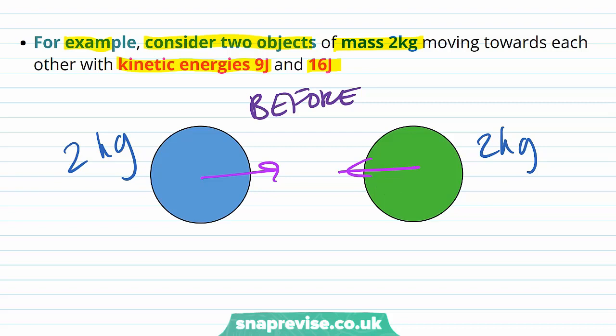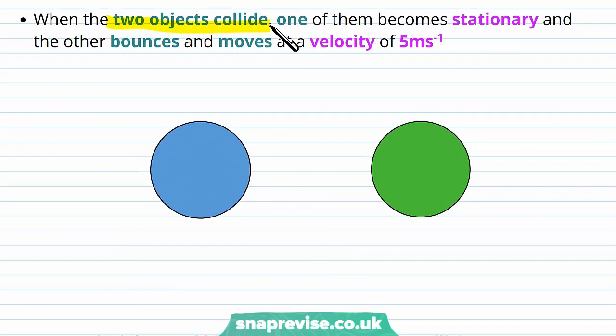We've been told their kinetic energy. So this ball has kinetic energy 9 joules and this ball has kinetic energy 16 joules. When the two objects collide, one of them becomes stationary and the other bounces and moves at a velocity of 5 meters per second.